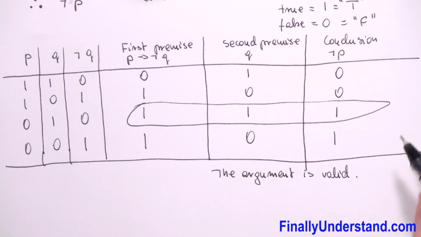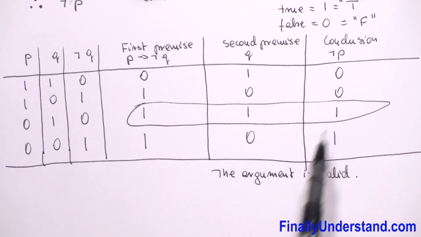If the conclusion is false in any row in which all of the premises are true, the argument is invalid. In this example, premises are true and conclusion is true. So this is a valid argument. This is my solution.